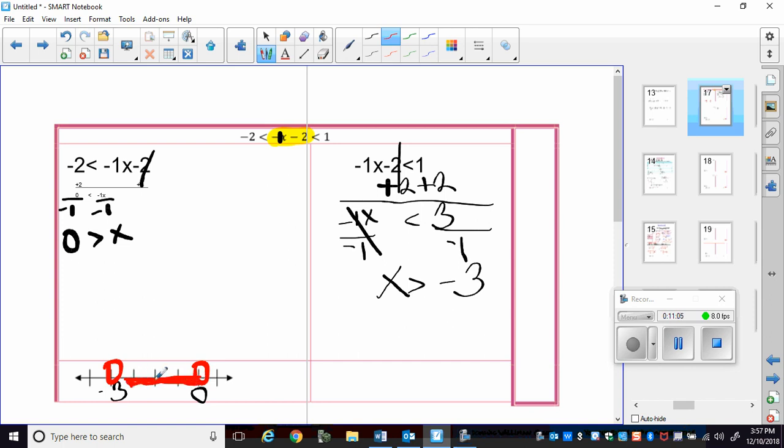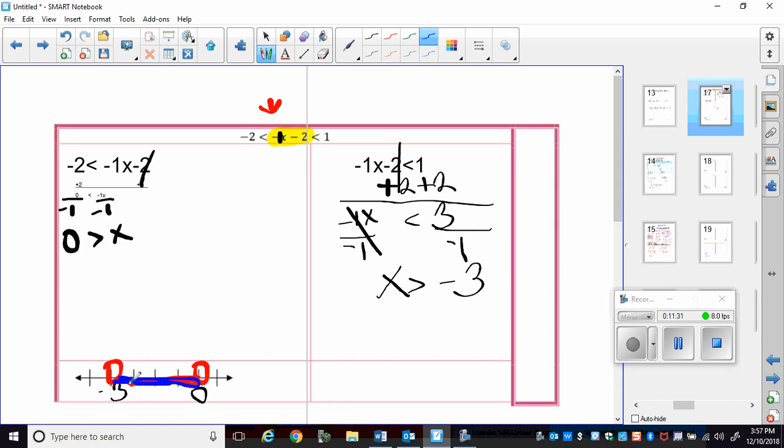So the negative does a certain type of thing. This negative that's attached to this x, when it causes the symbol to flip, does the opposite of what's there sometimes. But let's just check and make sure that we're on the same page here. Next one says x is greater than -3. So all the values greater than would be to the right.